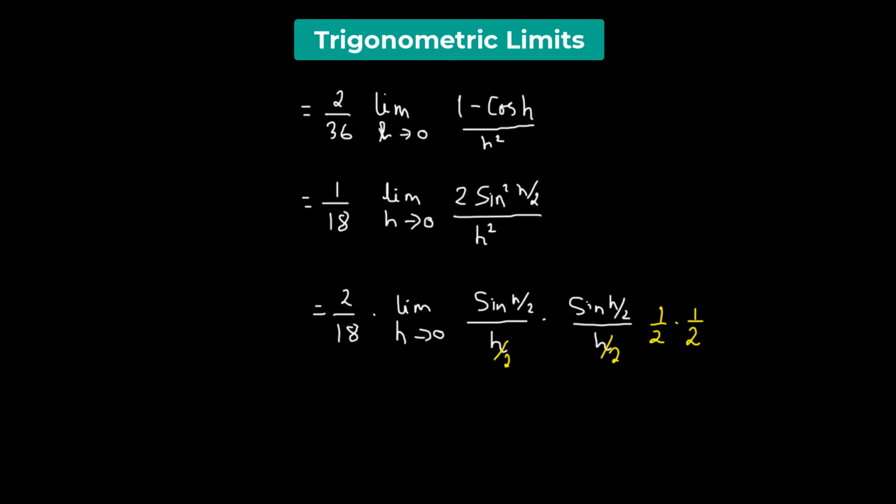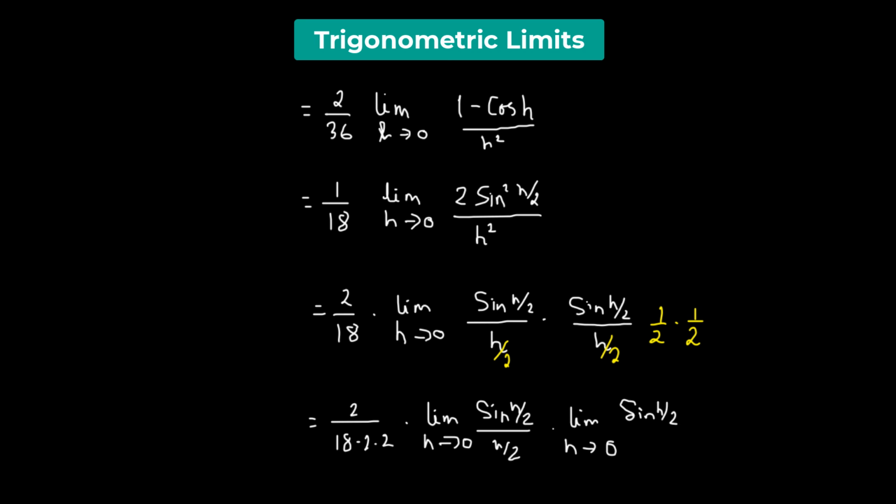So we'll have 2 times 18 times 4. So let's write it as 18 times 2 times 2 times, then the limit h tending to 0, sine h over 2 divided by h over 2, times the limiting value of sine h over 2 over h over 2 when h tends to 0.